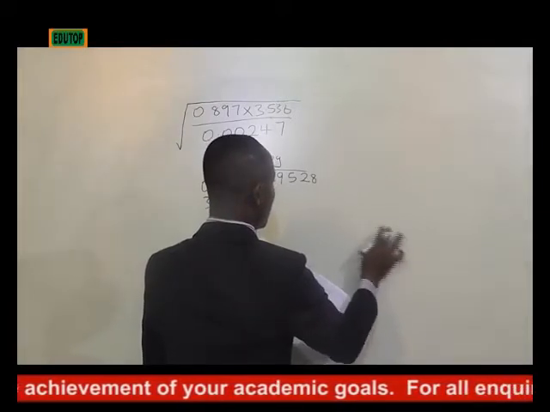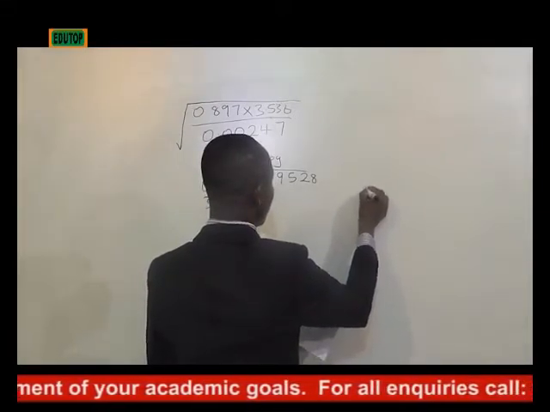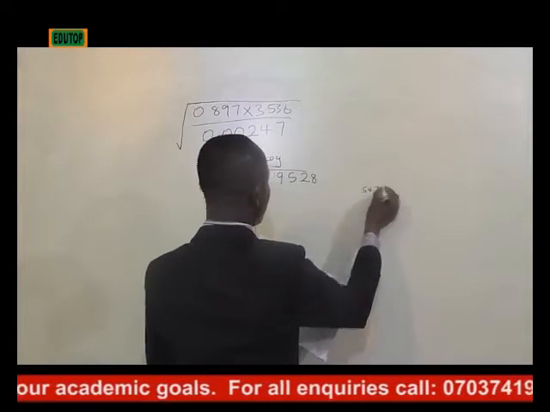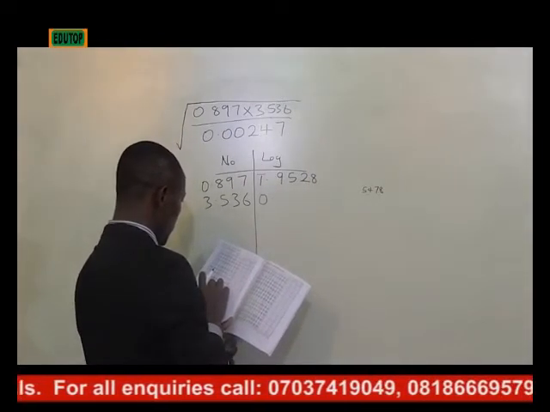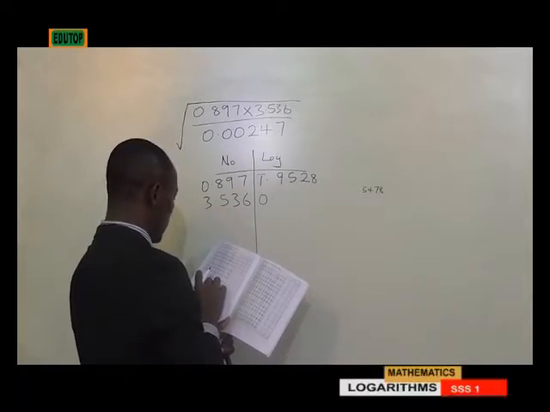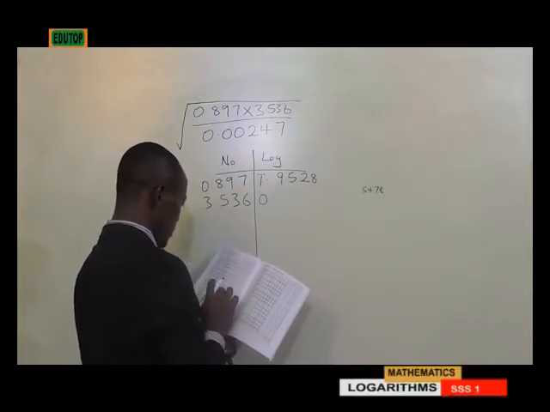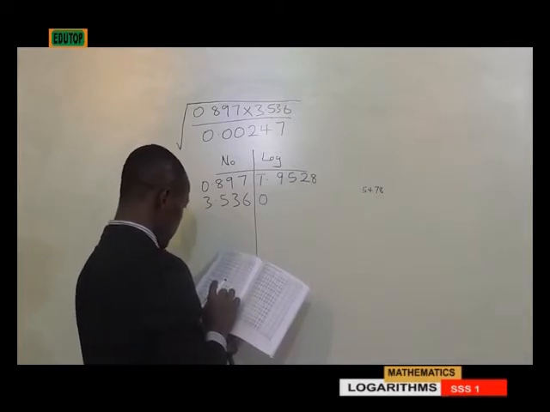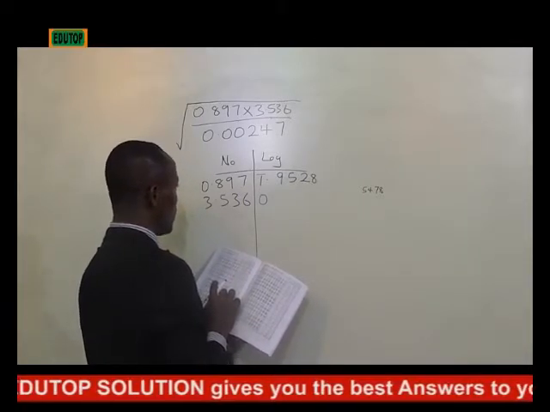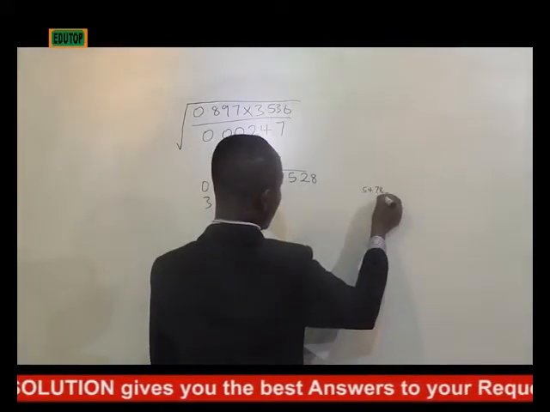5478. 35 under 3. Difference 6 is 7. Our difference is 7, so we'll now add this.